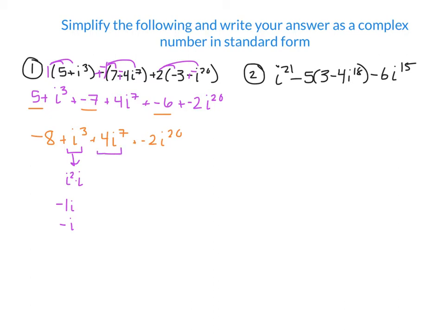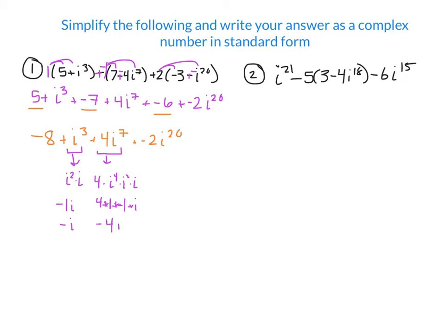I also know here I have 4 times i to the 7th. Well, that's just a 4 times, I'm going to break that i to the 7th up into i to the 4th times, I'm going to do i squared times i. And so that becomes 4 times 1 times negative 1 times i, which is going to be 4 times 1 times negative 1.